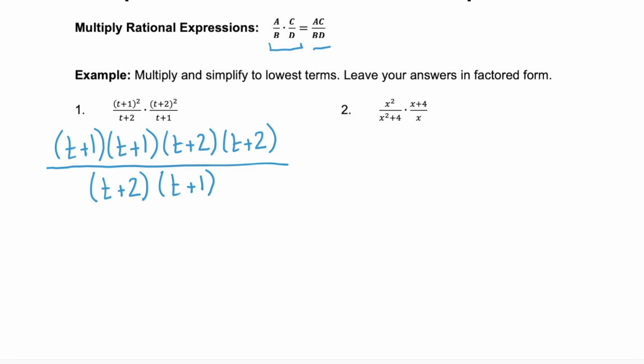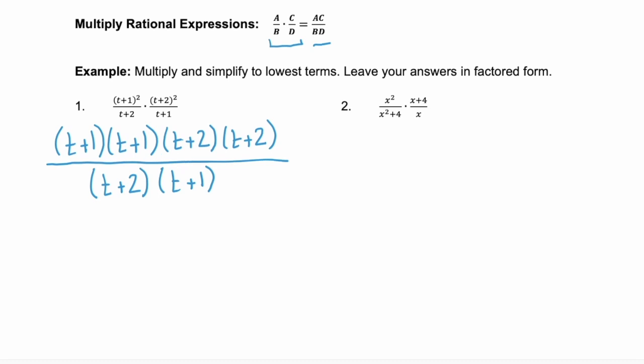Now to simplify, we're looking at what the numerator and the denominator have in common. Our numerator and denominator here both have factors of t plus 1 in common, so those simplify with each other. They don't cancel out, they simplify to 1 because t plus 1 divided by t plus 1 is 1. And the same with the factor of t plus 2 that they both have. That simplifies out.